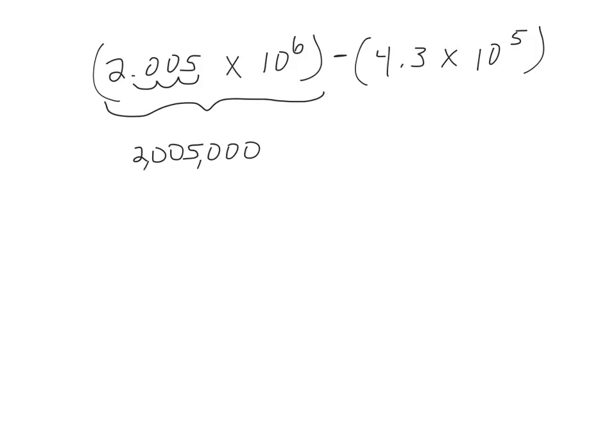So I get 2,005,000 minus this next one. I have to move the decimal 5 spots to the right, so there's 1. I have 4 more left, and there will be zeros. So I have 4 zeros for 430,000.